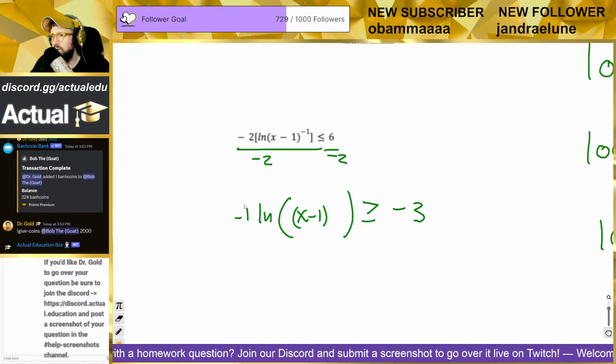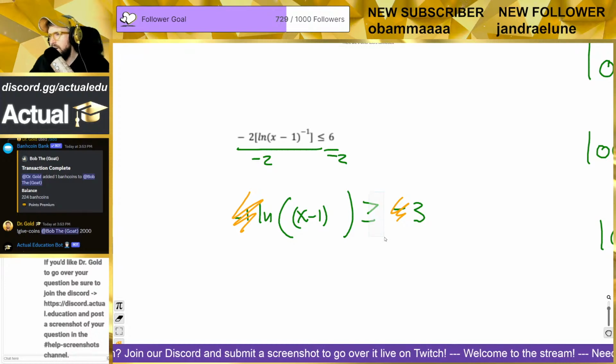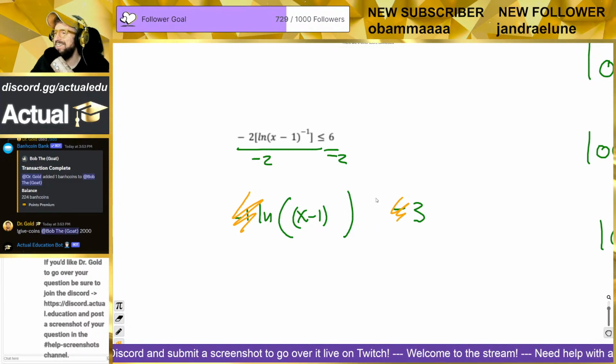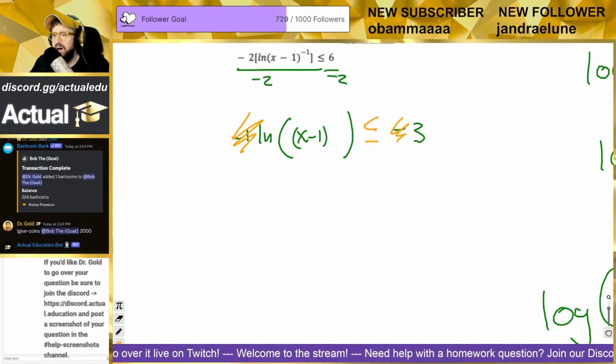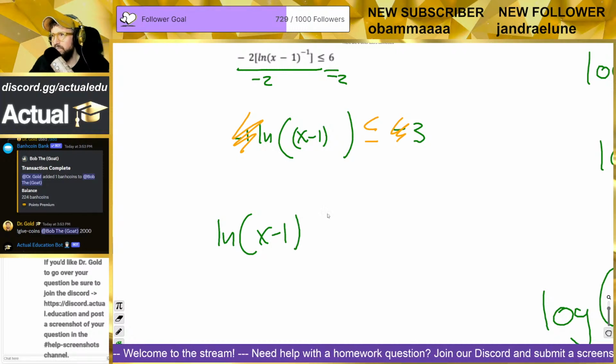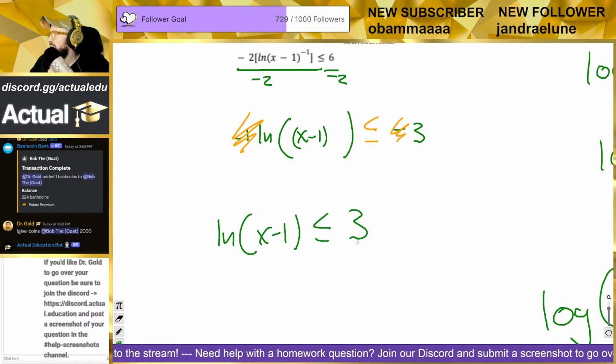So this goes away, and then we gotta switch the inequality again. So now I'm left with ln of x minus 1 is less than or equal to 3, right? The way to get rid of ln is to do e to the.